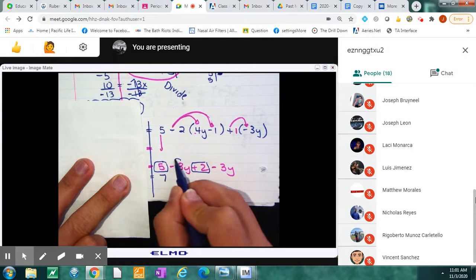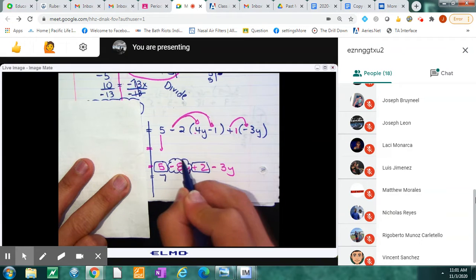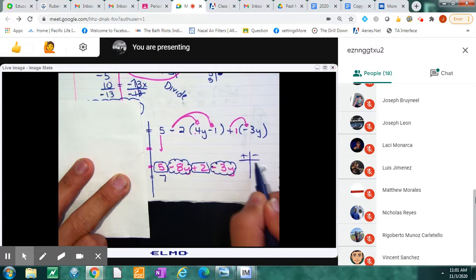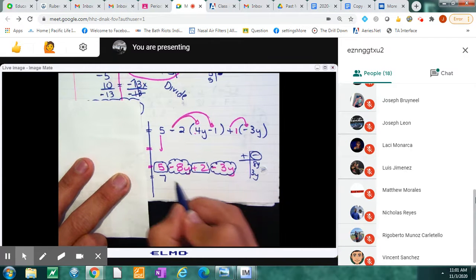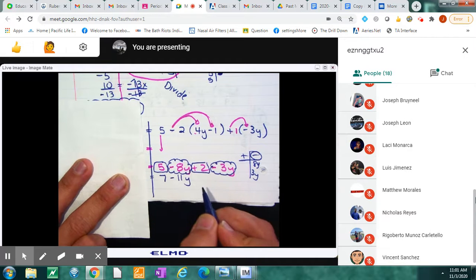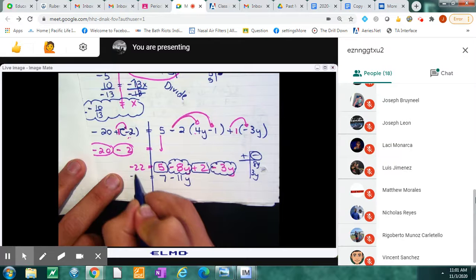And then the negative 8y plus another negative 3y. Negative 8y, negative 3y. What is that? Negative what? Vincent, negative what on that one? Negative 11y. Okay? And then equals negative 22.